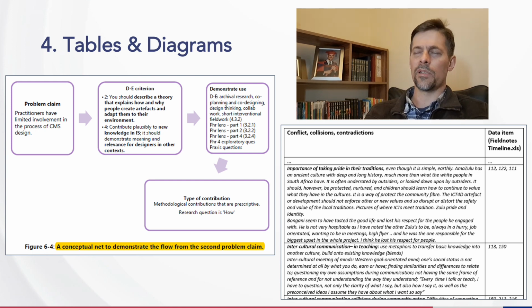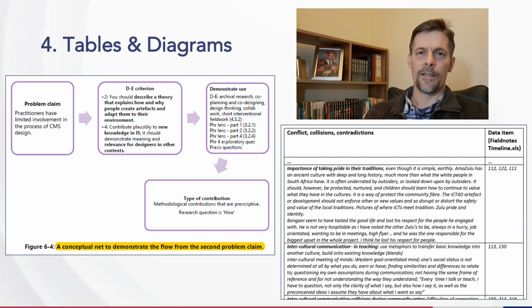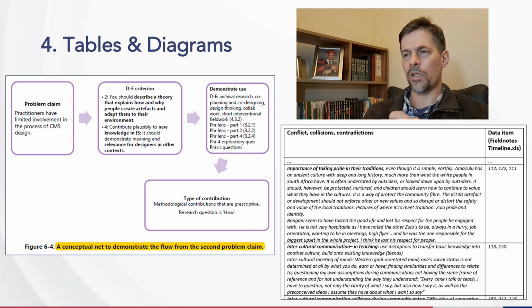In using tables and diagrams, the first thing to remember is that you need to be very selective as to what you put in them. Similar to my first point earlier on, you don't want to put stuff in tables and diagrams that is not core to the argument or core to your contribution. In this example, on the left-hand side, there's a diagram that shows how the problem relates to all other aspects of the thesis.